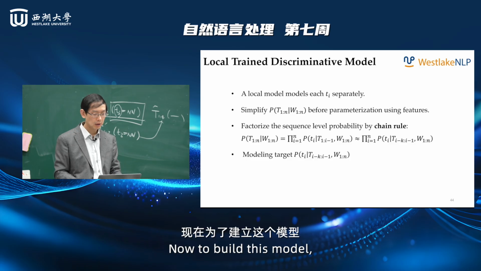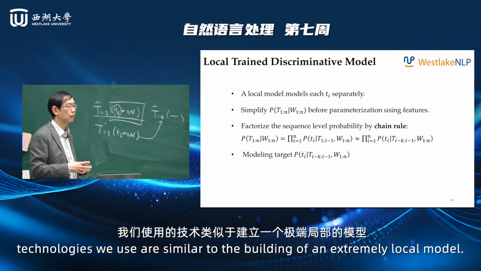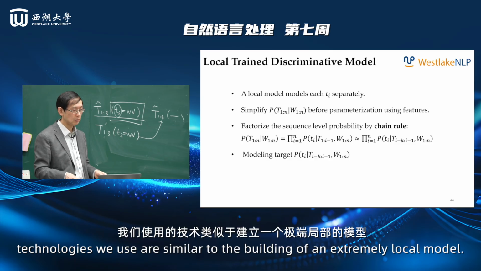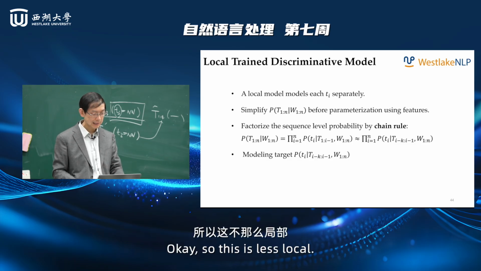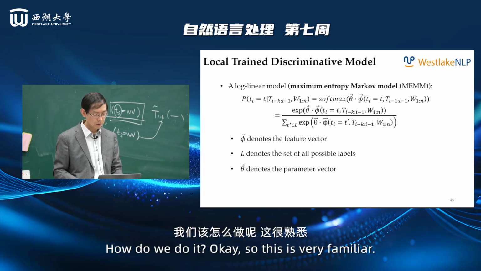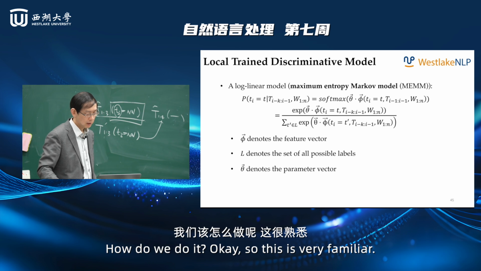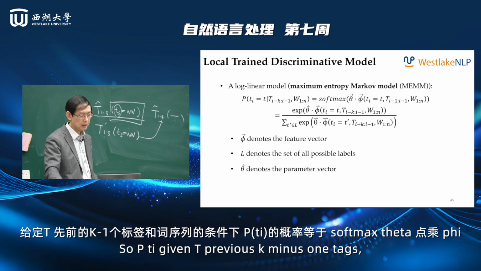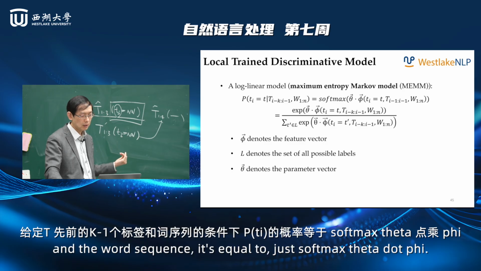Now to build this model, the technologies we use are similar to the building of an extremely local model. So this is less local. How do we do it? This is very familiar. The probability of t_i given the previous k minus 1 tags and the word sequence is equal to just softmax of theta dot phi.